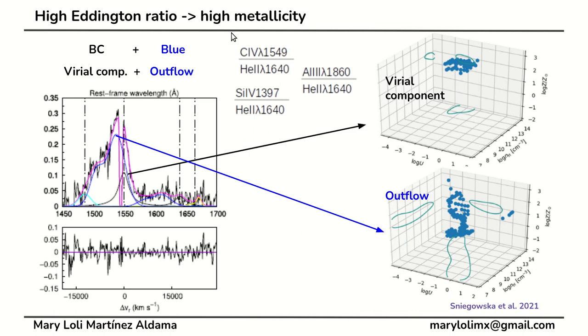However, this time our colleague Marzena Sniegowska performed a decomposition of the carbon 4 profile into the broad component and also the blue component, and with the decompositions she can estimate, using this flux ratio, how the metallicity behaves, and you can find the values of the metallicity on this scale.